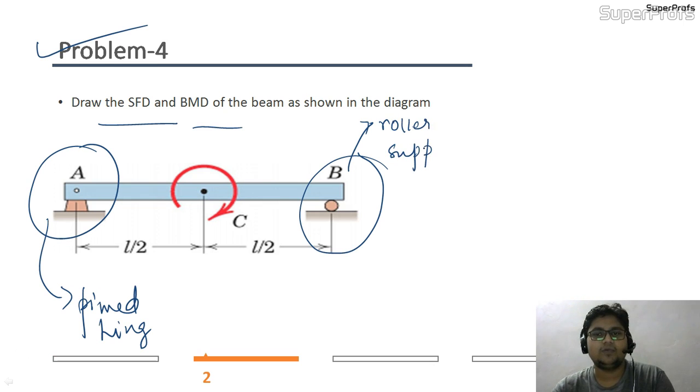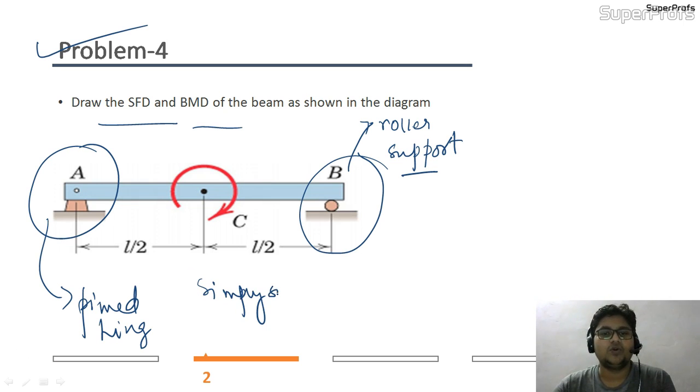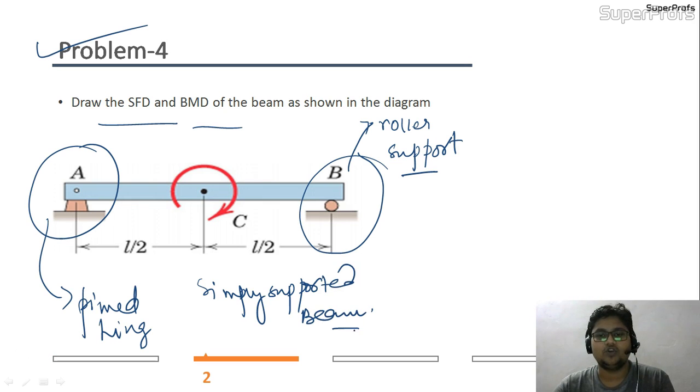Whenever on two sides there is a hinge, or on one side there is a hinge and on the other side there is a roller support, then we conclude that the beam is a simply supported beam. It is nothing but a simply supported beam.